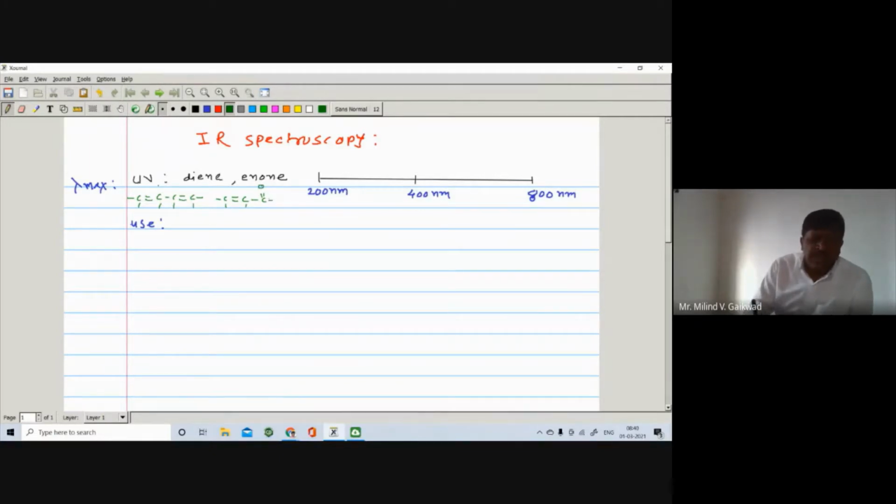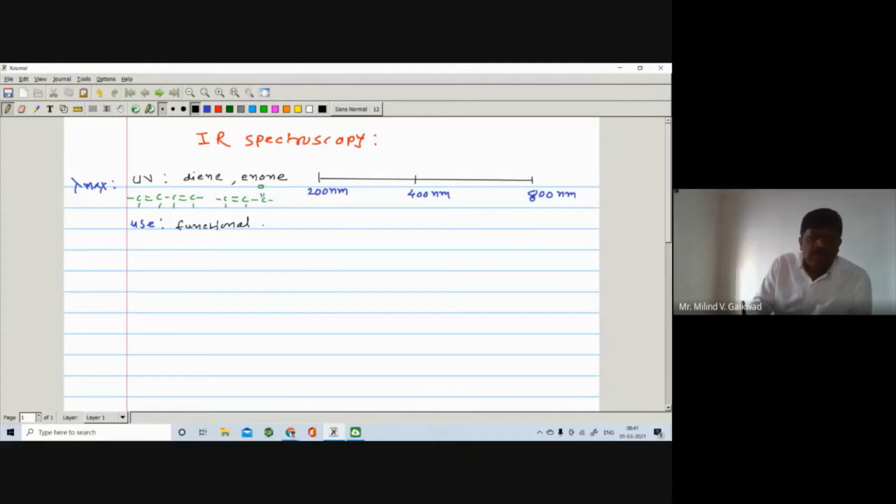So these two systems, diene and enone, tell their information in the UV. And what about the IR? IR gives information about the functional group.